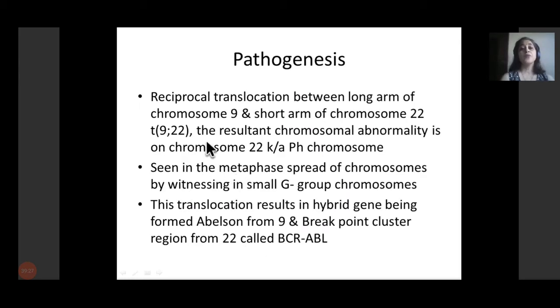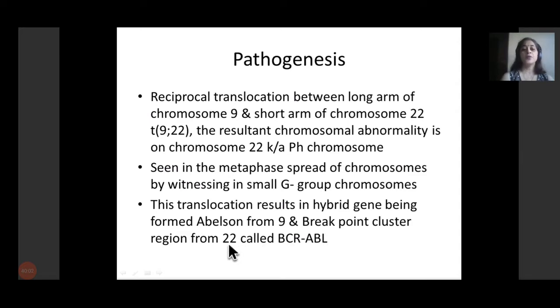So you have a reciprocal translocation which can be very easily picked up in cytogenetics, when the long arm of chromosome 9 comes under the short arm of chromosome 22, with the resulting chromosomal abnormality on chromosome 22 known as the Philadelphia chromosome, which leads to a fusion gene formation called BCR-ABL, Abelson called ABL, and breakpoint cluster region called BCR.